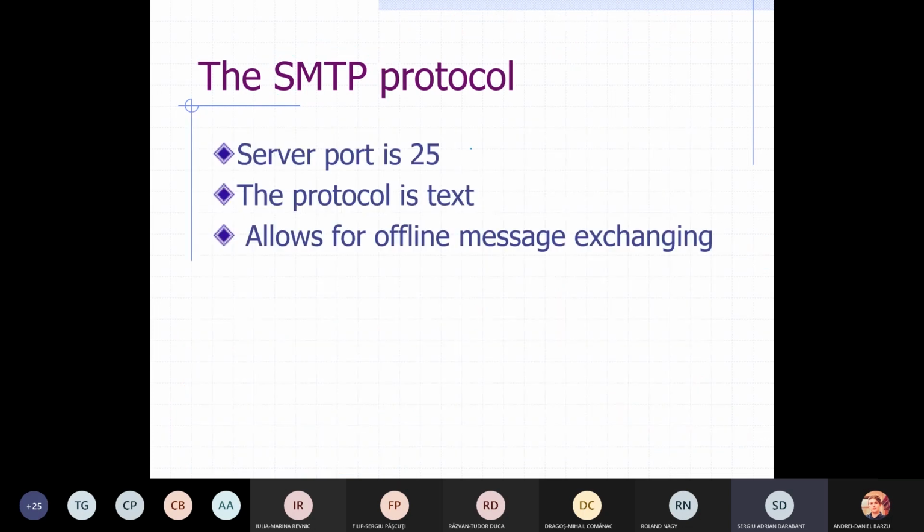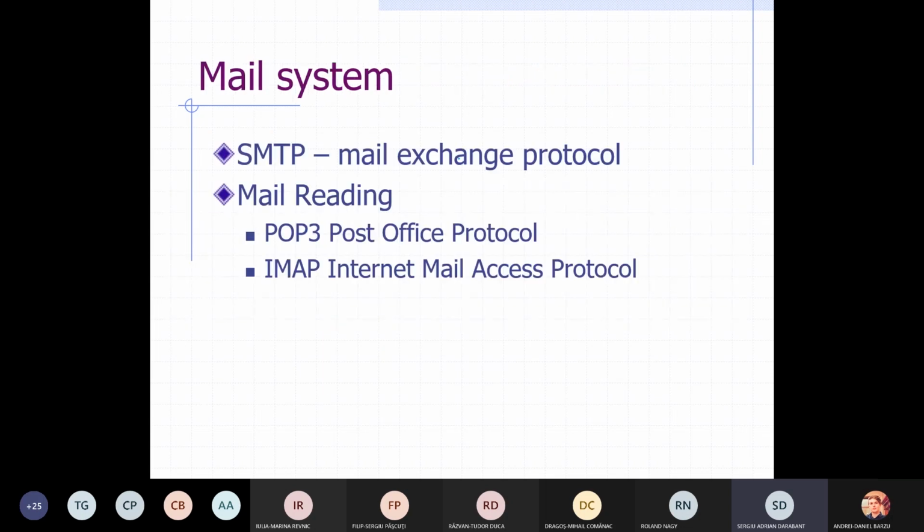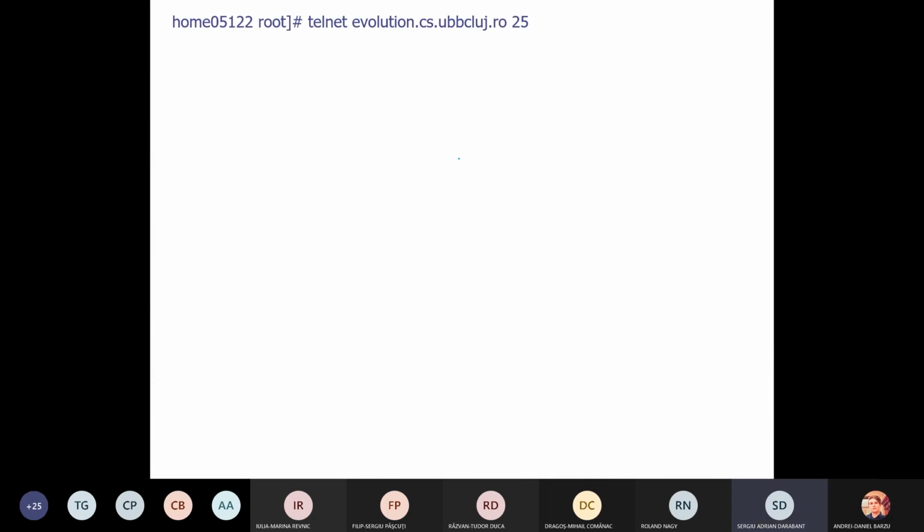Email is working on port 25. I could show you something by the end of this lecture if you still have time. It's an offline protocol, and you can read more about it later on.